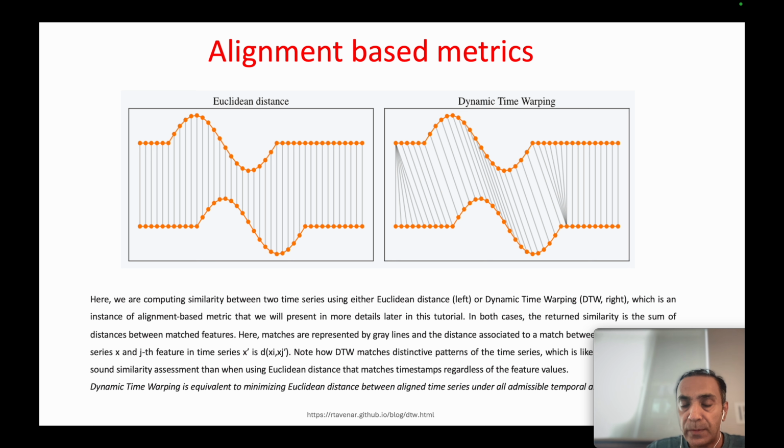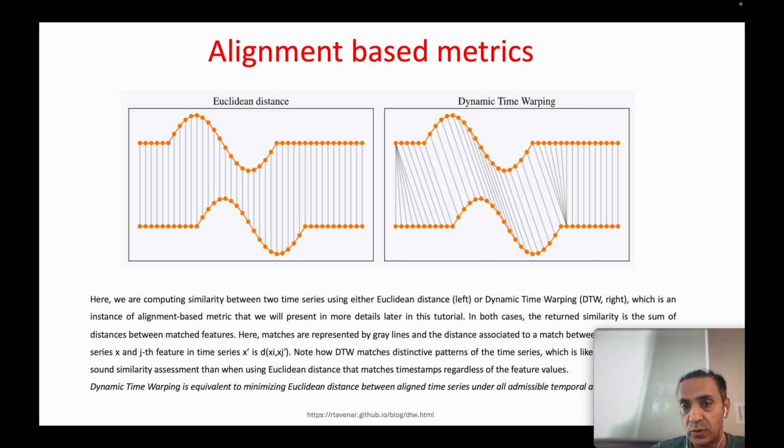Here matches are represented by gray lines, and the distance associated with a match between the ith feature in series X and the jth feature in series X bar, which is the other sequence, is computed across all of the points in both of these sequences that we are comparing.